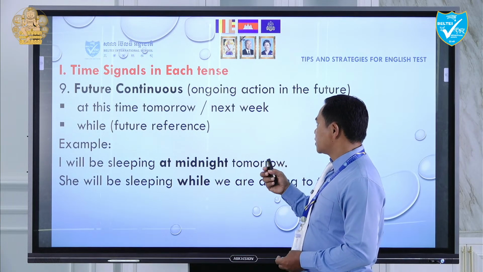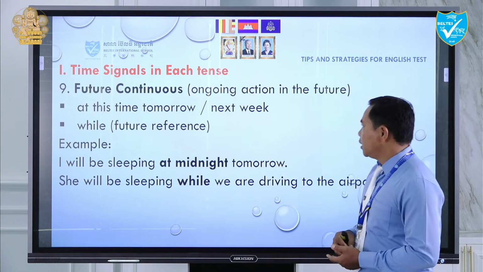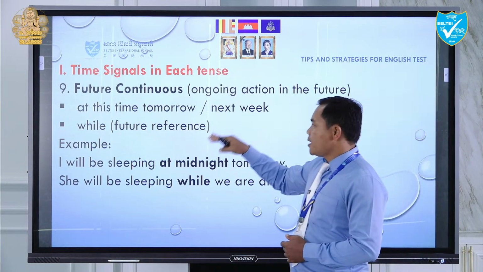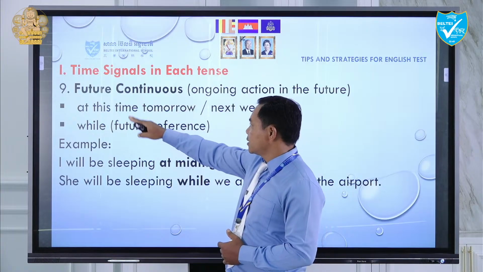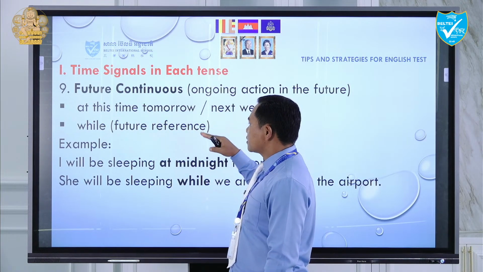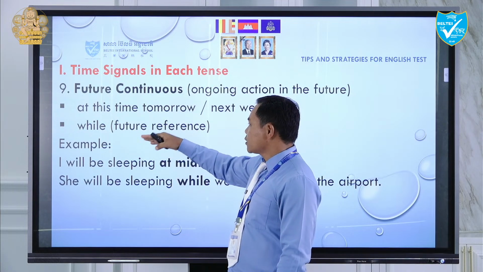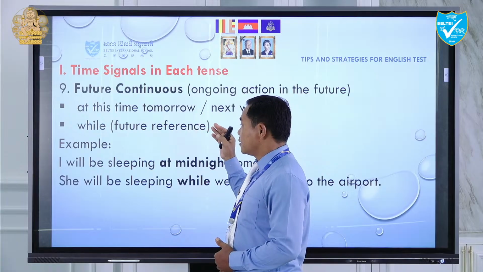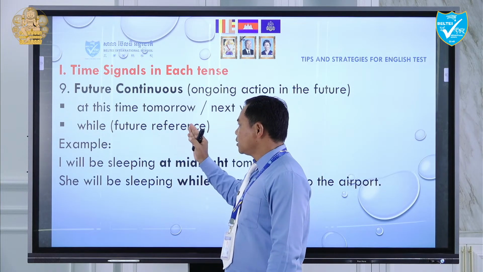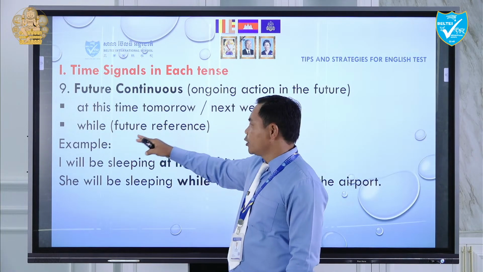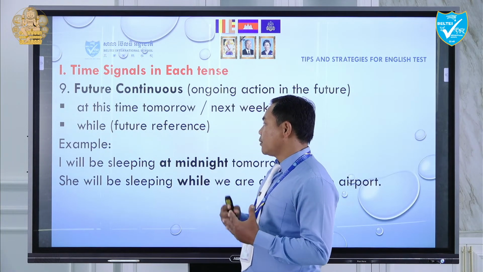Future continuous. We talk about an ongoing action in the future. Time signals that are used are such as at this time tomorrow, and next week is extra. "While" is also used in the future, but we call it future reference. Usually we use "while" before present continuous to talk about a future event.